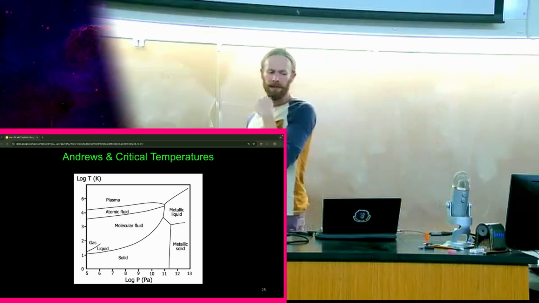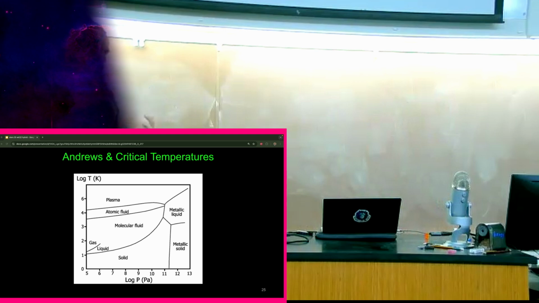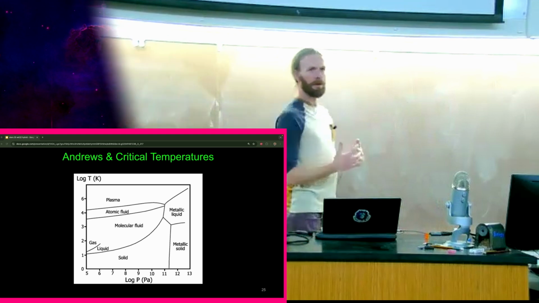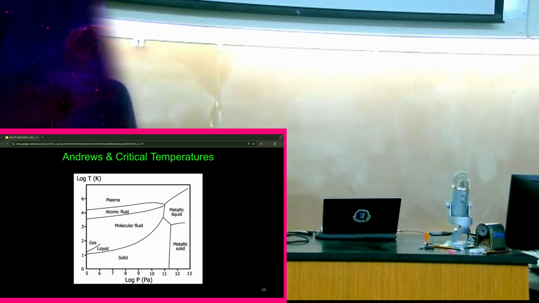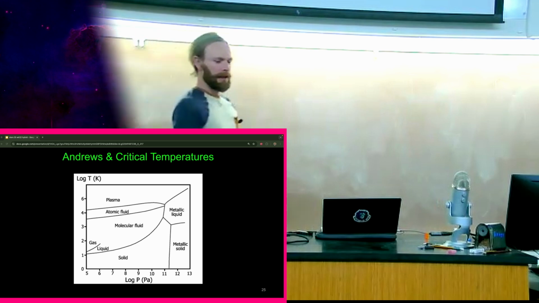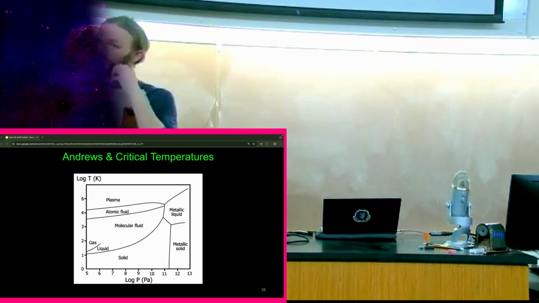This gentleman named Andrews demonstrated that you could essentially take hydrogen, as long as it was warm, and squeeze it as much as he possibly could in the technological chambers that they had available at the time. This is back in the 1800s. And no matter how much you squished it, it would still remain in a gaseous form.